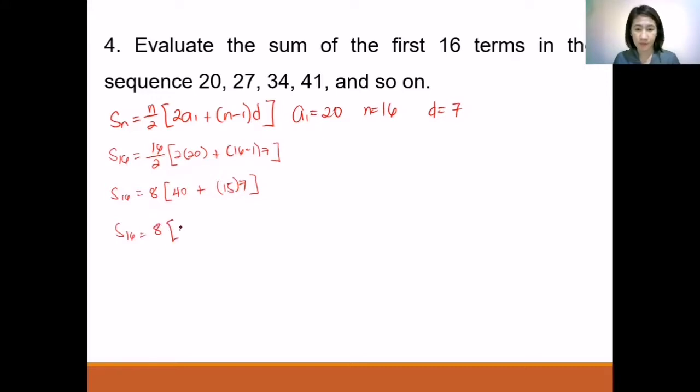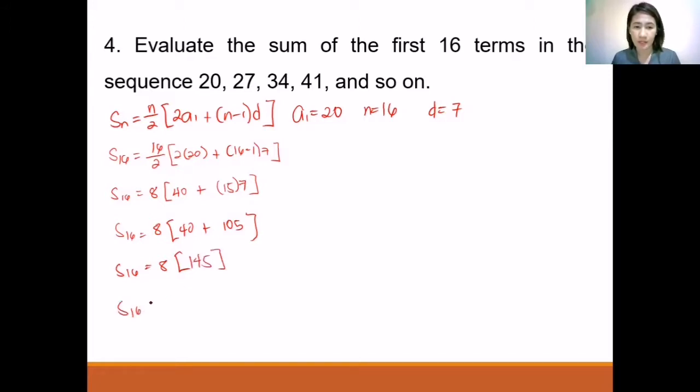So you have 40, and then we multiply 15 and 7, so that is 105. So we add 40 plus 105, that is 145.